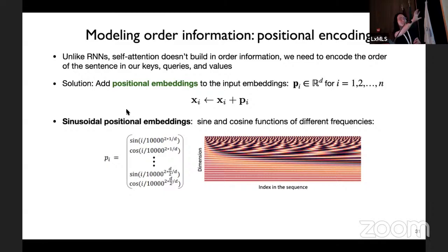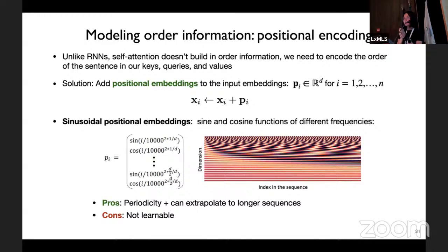It's a very interesting sine and cosine function, which is periodic and considers the dimension of the vector and also the position of the input in the sequence. So they basically use a fixed, not learnable, positional embedding, so that different positions have different p_i embeddings.